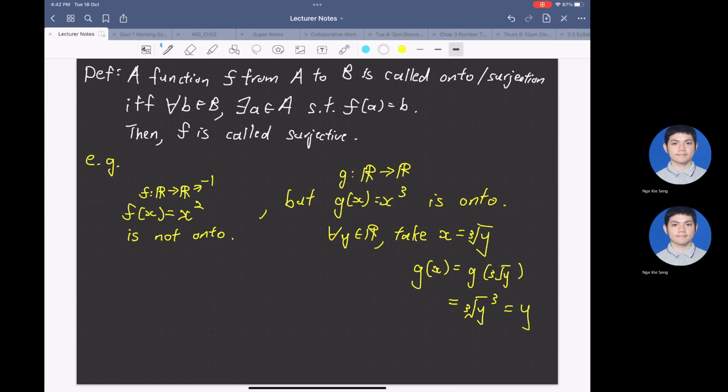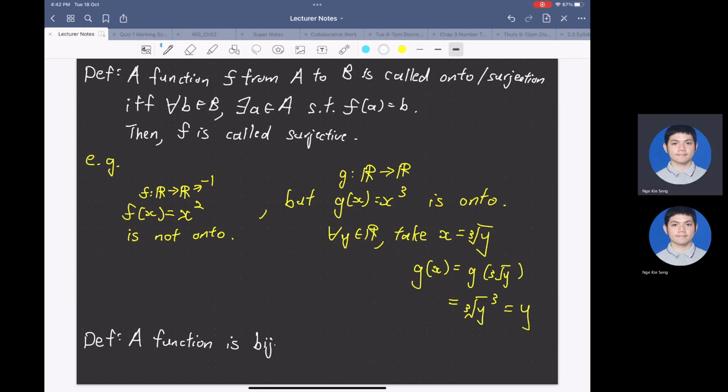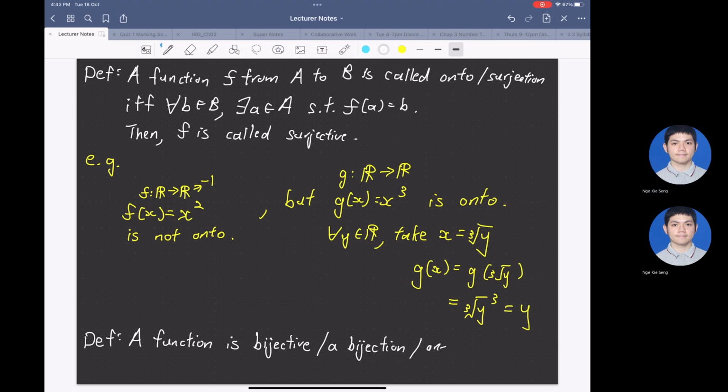Okay, and then next, if a function is both onto and one-to-one, we call it a bijection. So a function is bijective, or is a bijection, or is a one-to-one correspondence.